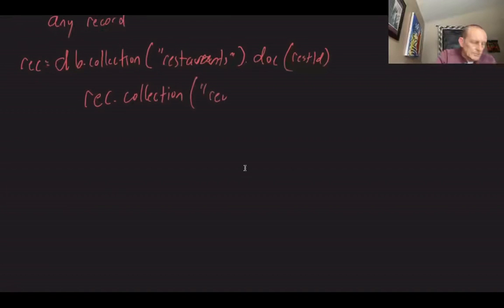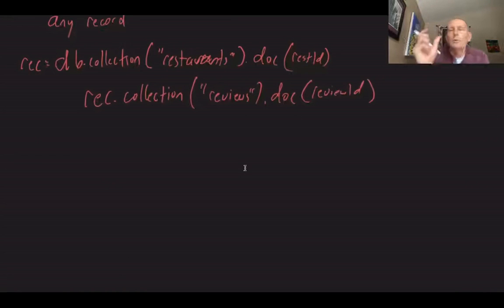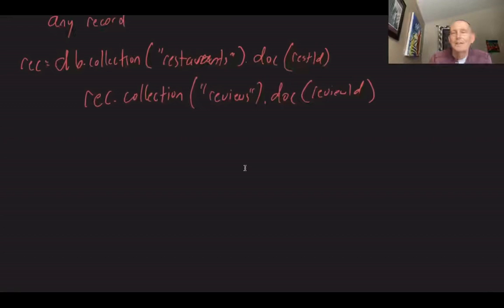Let's say reviews. And from that, we can get a doc if we have a particular review ID. So we can always alternate basically collection, doc, collection, doc. And at any point in time, we can stop at either a collection or a document. And then once we have the document reference, we can go ahead and update it.